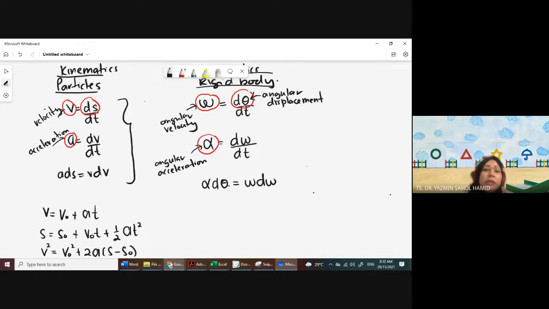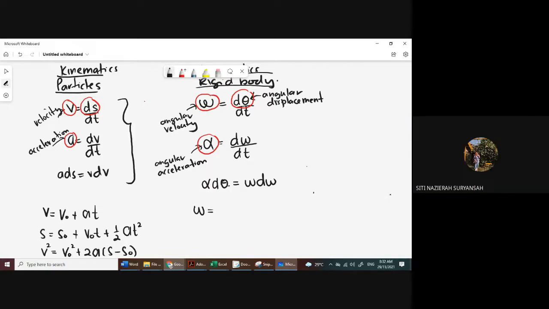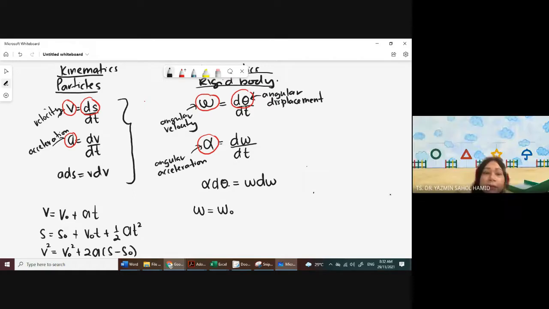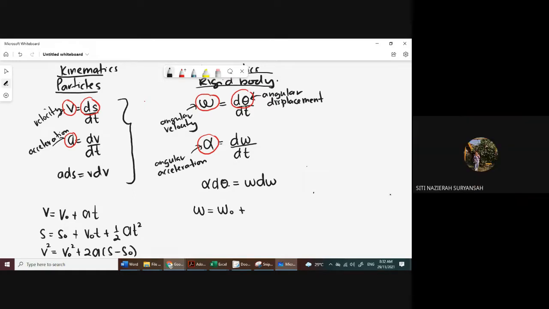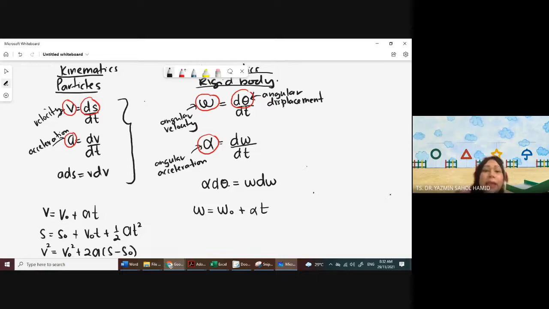Yes. So do you think you know how to convert this? This becomes what? Omega equals to? Omega naught plus angular acceleration times t. Yes. So this one becomes theta equals to theta naught plus omega naught t plus 1 over 2 alpha t squared. Yeah, so easy, eh? So it's not something new.